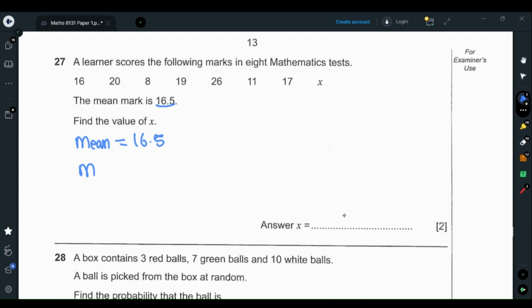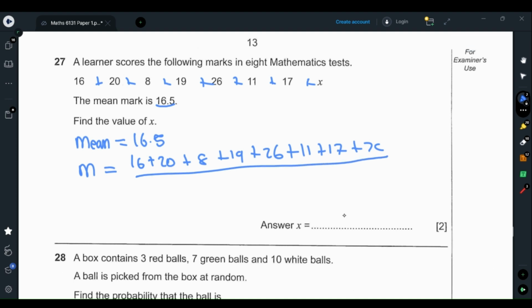The formula for mean, using m to represent mean, is: I add all those up, 16 plus 20 plus 8 plus 19 plus 26 plus 11 plus 17 plus x, divided by the total number. How many tests did he write? 1, 2, 3, 4, 5, 6, 7, 8 tests, divided by 8.